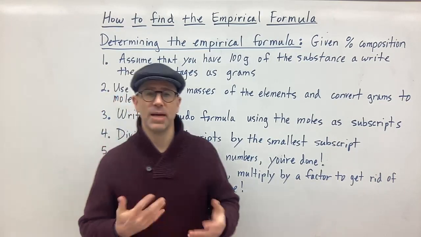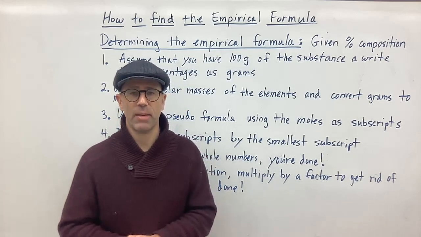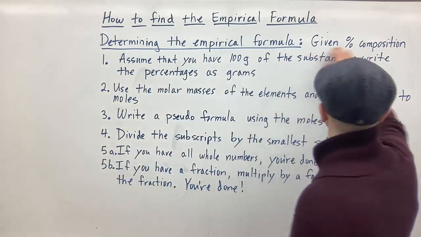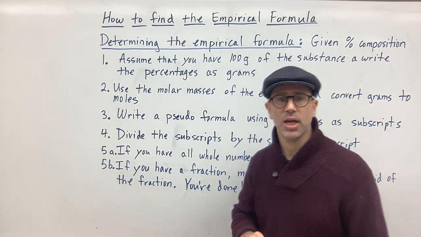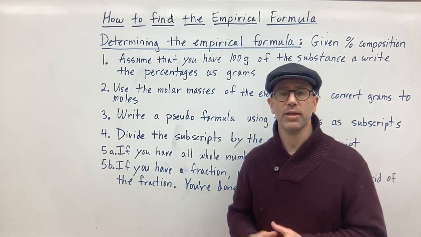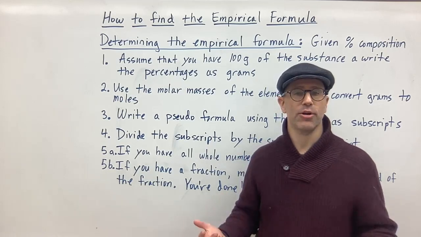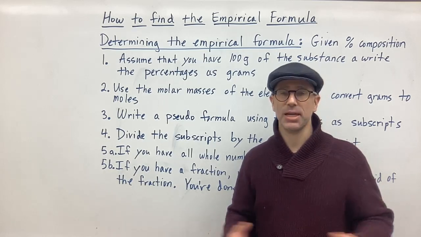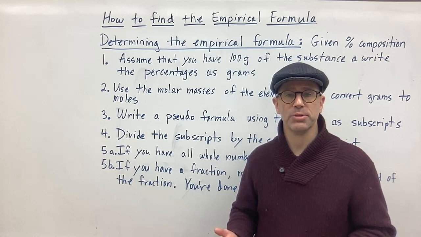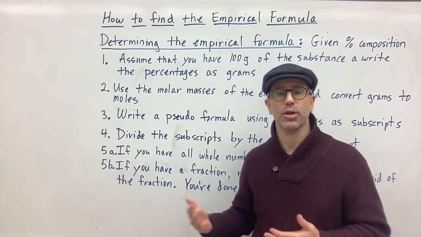So the steps you want to go through are pretty simple. I'm going to lay them out here and then go over some examples. The first step, in the case that you're given a percent composition: since percent means per 100, you can assume that you have 100 grams of the substance. You can assume any amount you want, it's just easier to use 100 grams because the percent of 100 grams is just the percent that you were given.